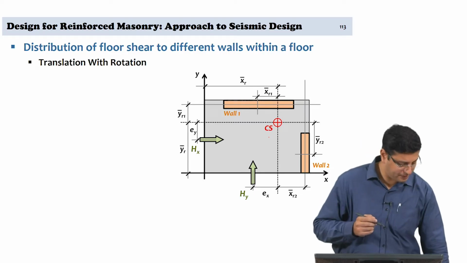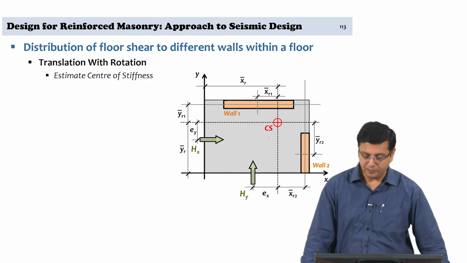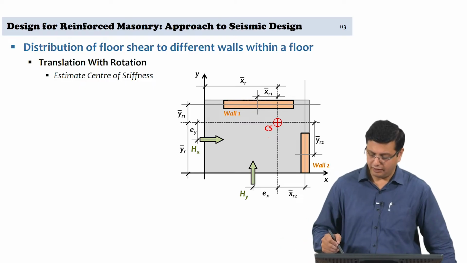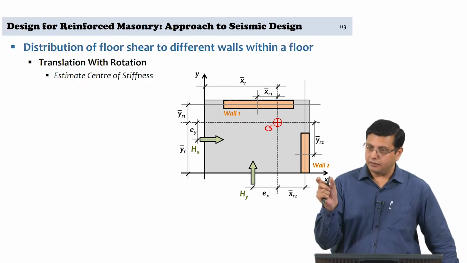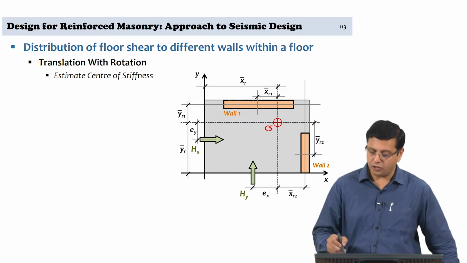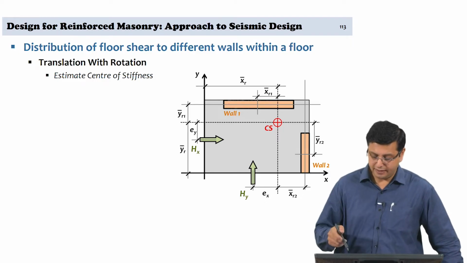So, with respect to this, what we are going to first look at is how to estimate the center of stiffness itself. In the drawing again, once the center of stiffness is established, we are interested in the dimensions, the distances of the centroid of each of the resisting elements with respect to the lines defining the center of stiffness.